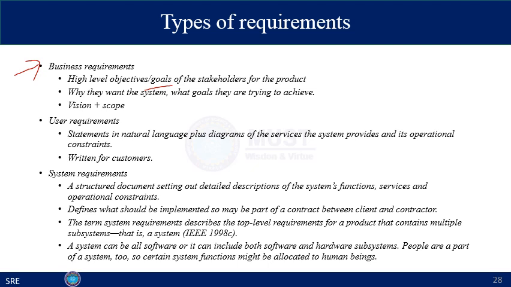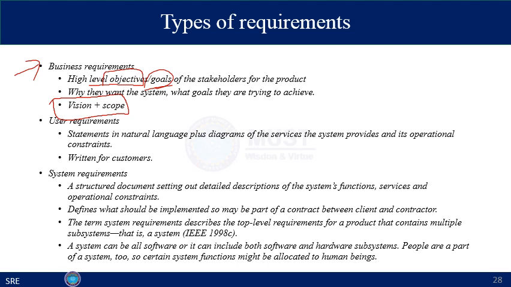These specify the goals of the stakeholders for the product, and it also specifies why and what the system will be, what goals they are trying to achieve, and usually it is covered in the vision and scope of your requirement specification. So as I said earlier, vision should include what is the objective or goals, that you want to achieve from your product, and what is the constraint that is put on what environment your system will work in.